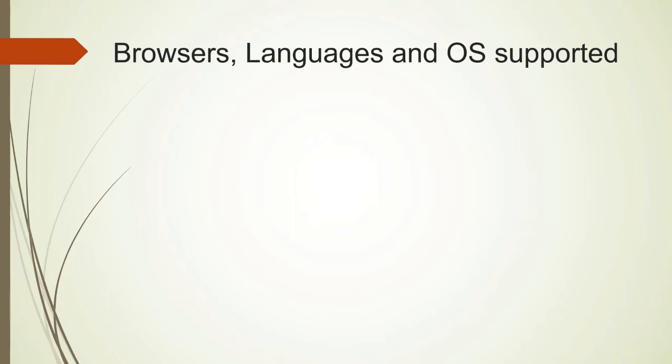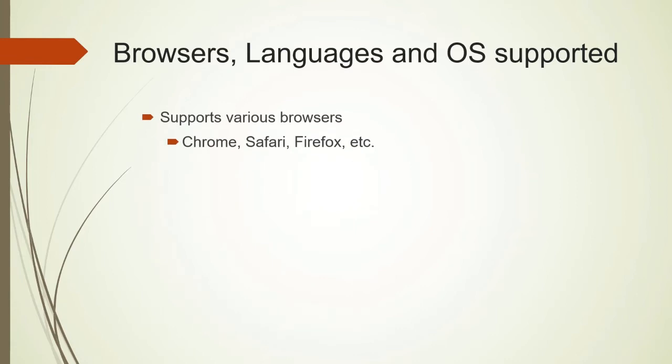Now that we know the features and components of Selenium, we'll have to figure out how we can install Selenium. Is there a particular browser, language or operating system we need to have to install Selenium? Well, no. Because of their architectural differences, Selenium IDE and Selenium WebDriver support different sets of browsers and operating systems.